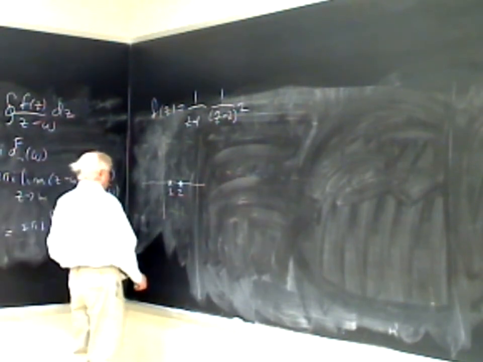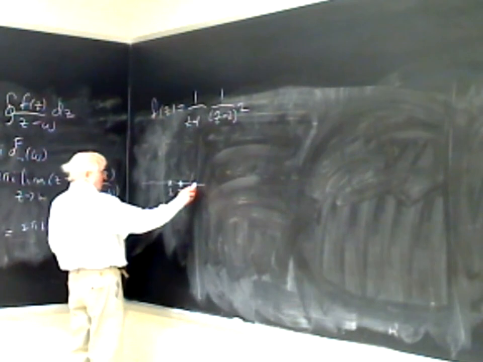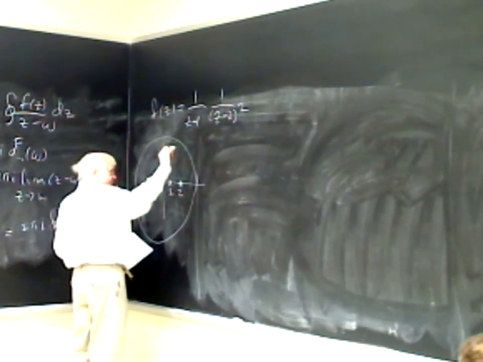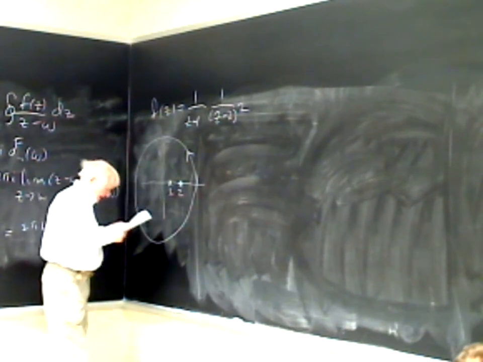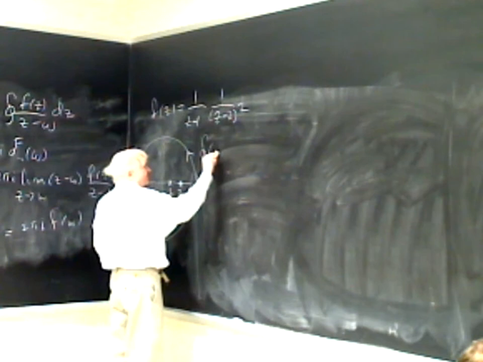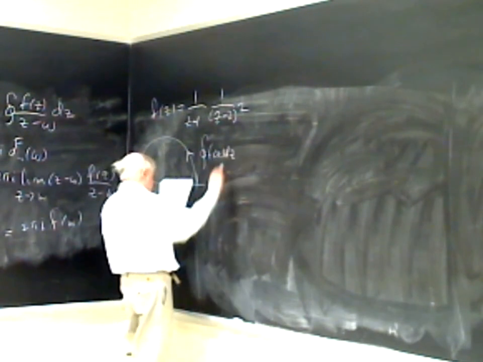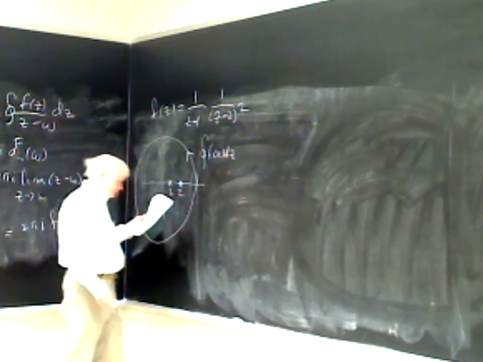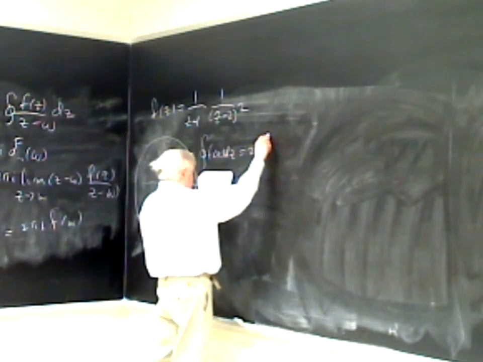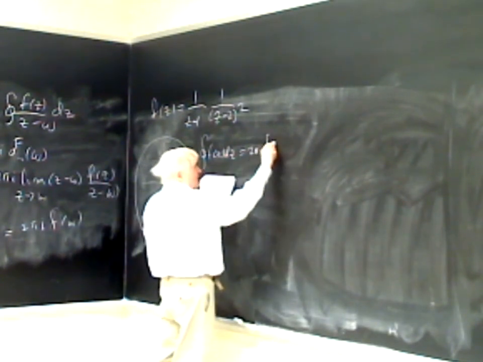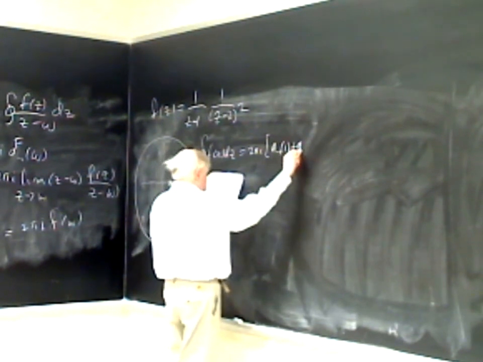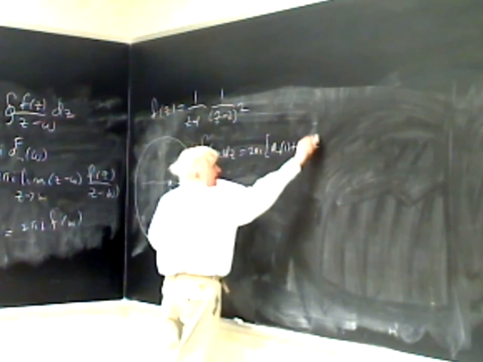And we're going to be thinking about doing an integral on a circle of radius 4. So it's going to look like this. And then the integral of f of z dz by the residue theorem is 2 pi i times a minus 1 at 1 plus a minus 1 at 2.